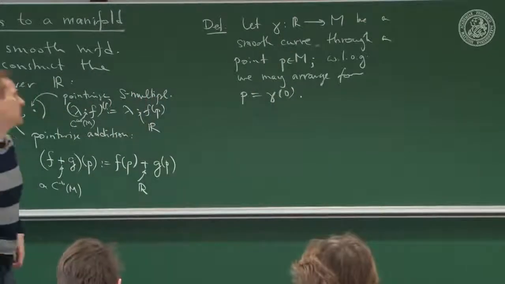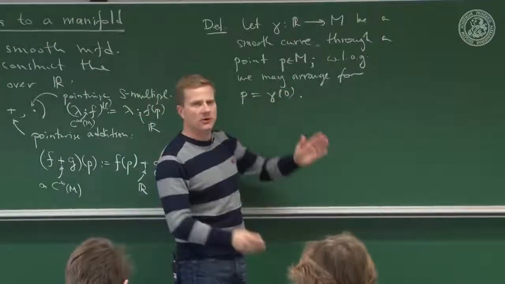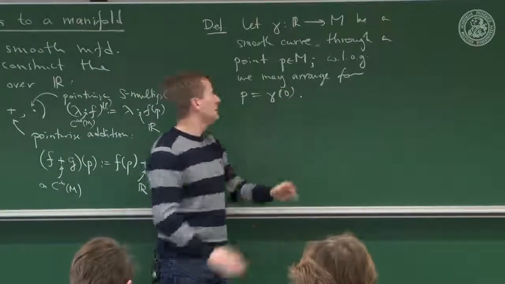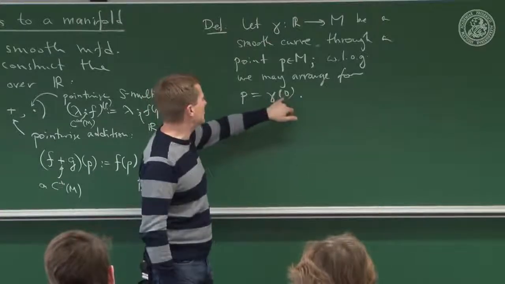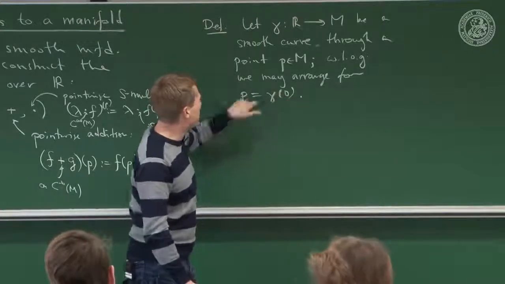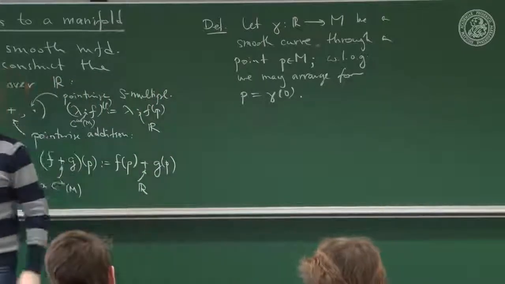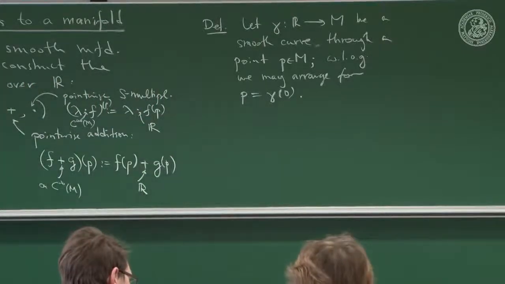If it's not, you can easily define a curve with a shifted parameter value such that at parameter value 0, it is at the point p. Without loss of generality, we can always arrange for this.